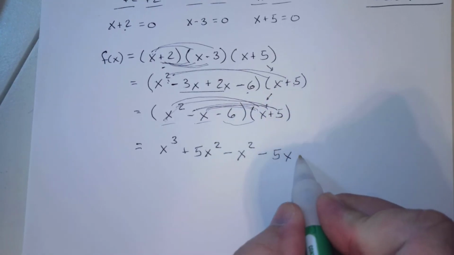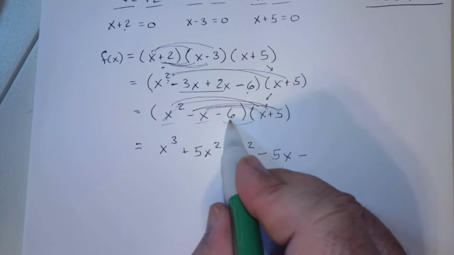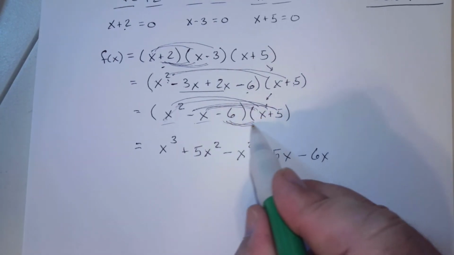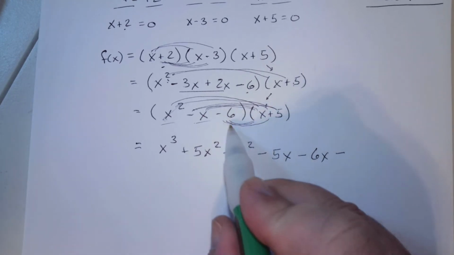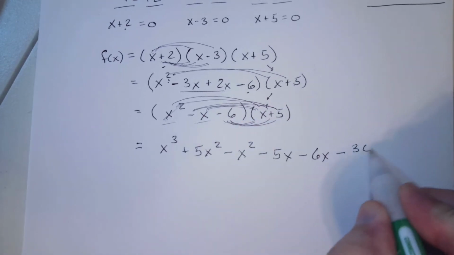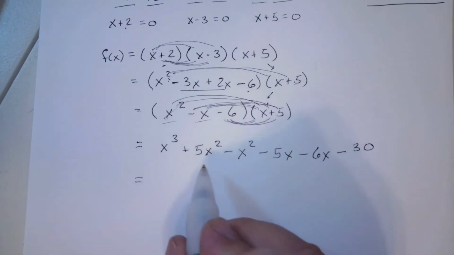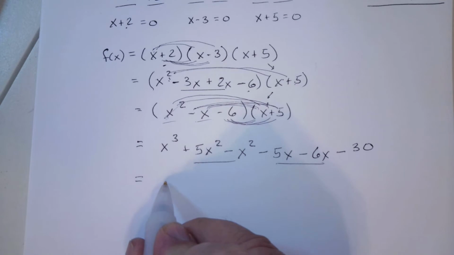Negative times positive is negative, 6 times x is 6x. Negative times positive is negative, 6 times 5 is 30. Since we got rid of parentheses, combine like terms. There's 2 sets.